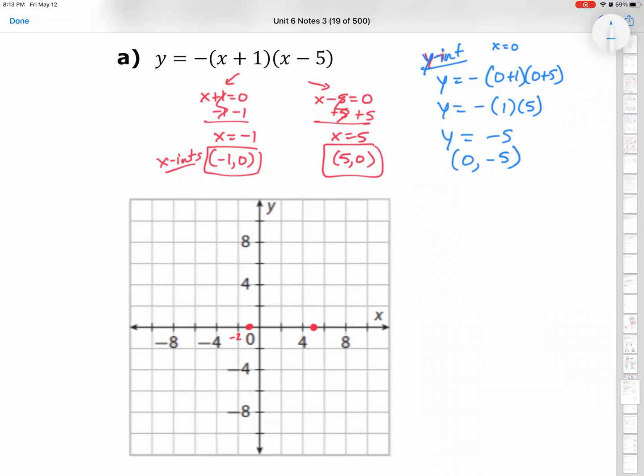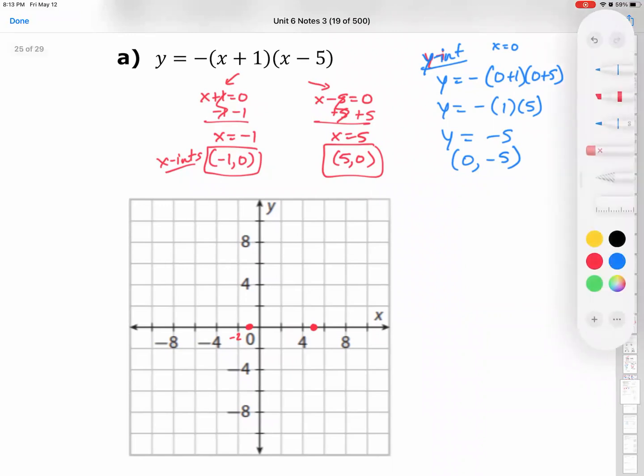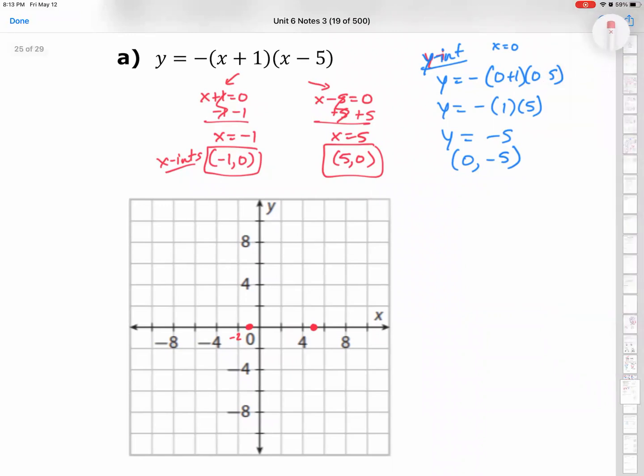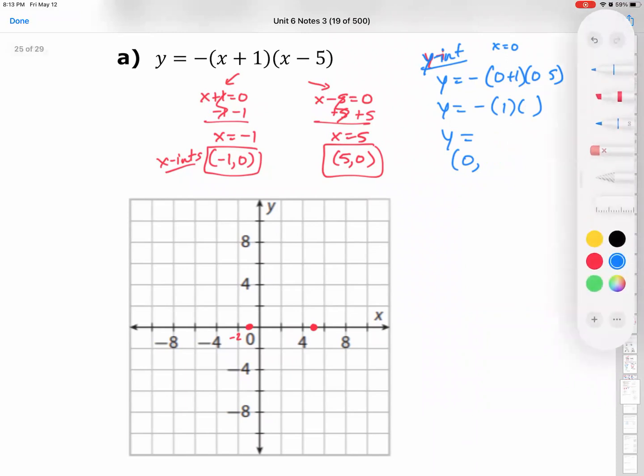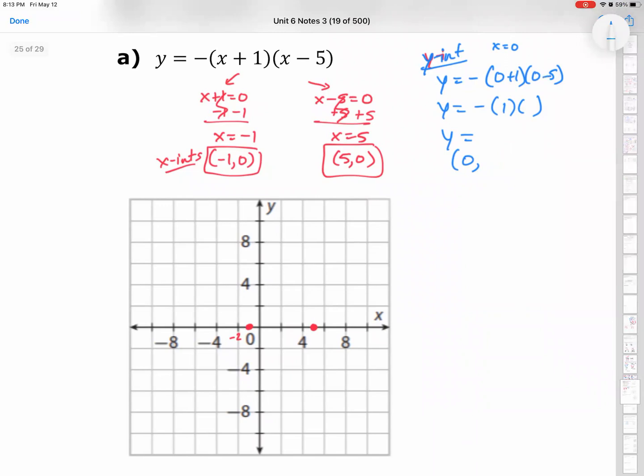Wait a minute, that can't be right. That minus 5 is actually a negative, and I was thinking this U should be going downwards, not upwards. There we go. So you end up with 0 minus 5 is -5, and then -1 times -5 would be +5. So 0, 5 would be your y-intercept. When we go to plot that, going by 2's, there it is.